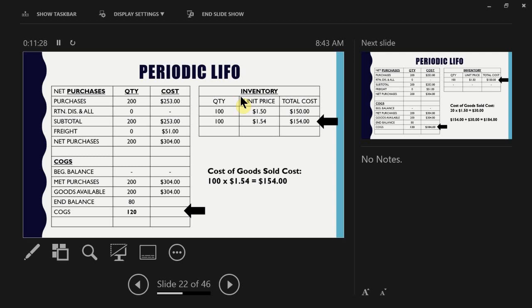Usually what's going to happen here is that you're trying to cost out your most expensive items first, or depending on the scenario, you're trying to get rid of the most expensive because at the end of the day you want to hold on to the ones that you're going to make the most profit from.